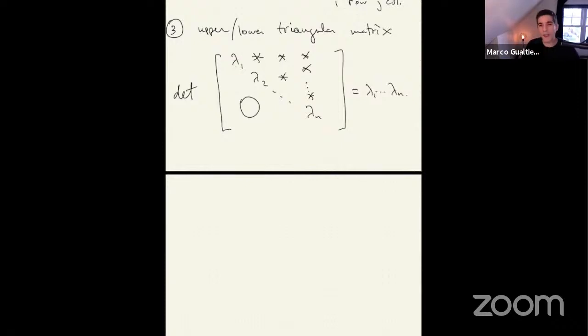Now, there's many ways of seeing this. One way is that if you use the permutation definition, what you'll notice is that the identity permutation tells you to multiply everything down the first diagonal.